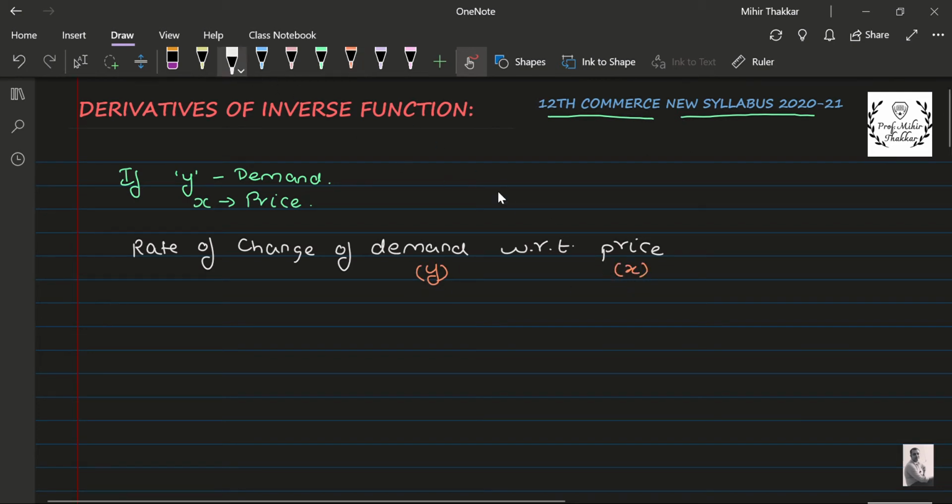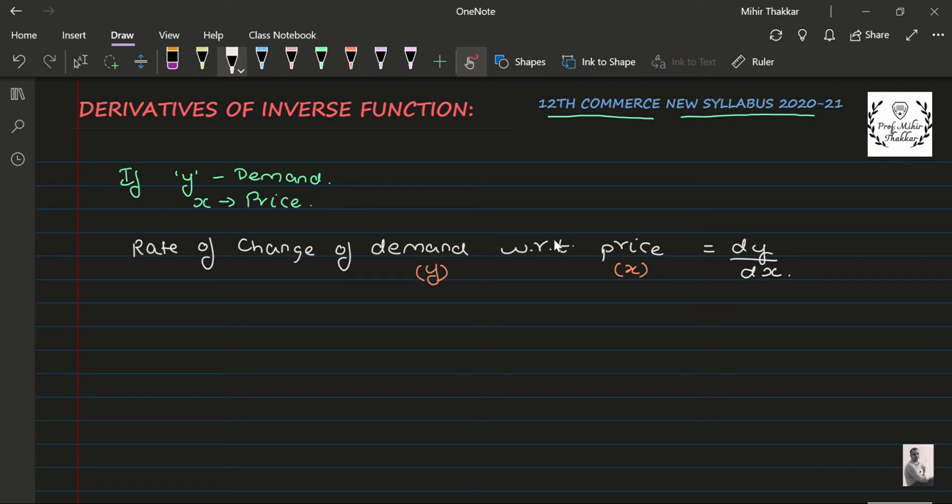It means that we have to find out the value of dy by dx, and you all know how to find the value of dy by dx. You just have to differentiate the function with respect to x and you will get the required answer.